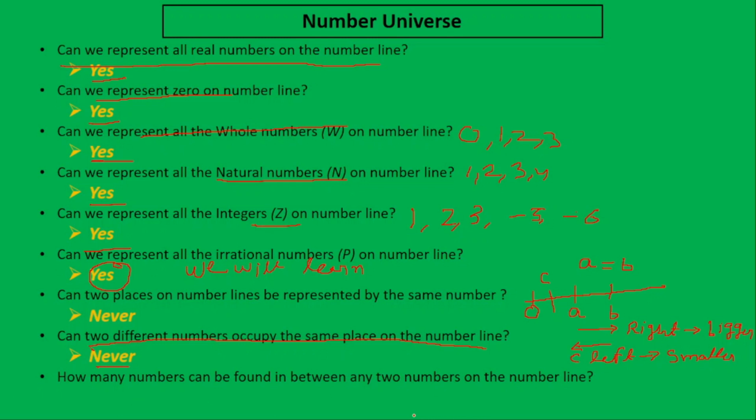Two numbers mean 2 points on the number line, and between 2 points, infinite points can be made. So infinite numbers can be there. There are infinite numbers between any two numbers on the number line.